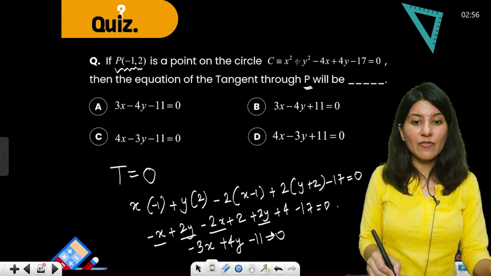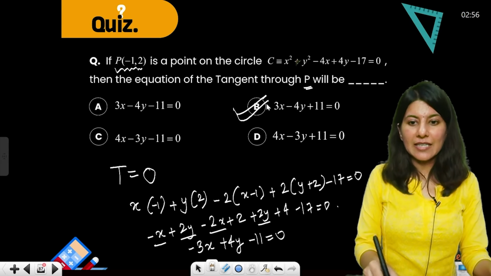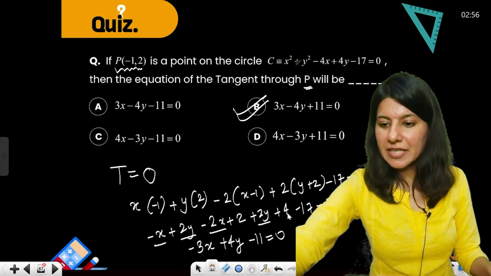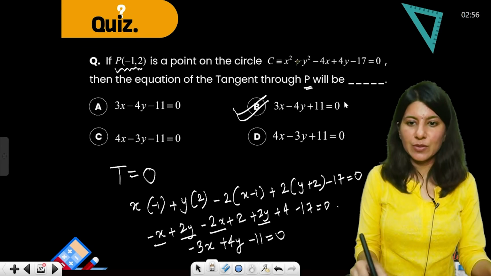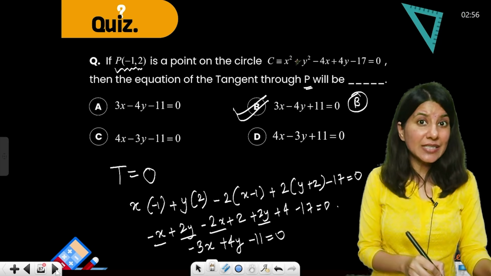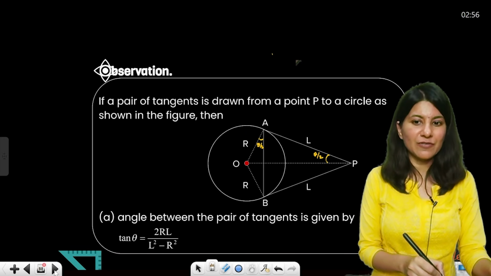So 3x minus 4y plus 11 equals 0. That is option B matching. B is absolutely correct. So in this manner, you can use T equals 0 to write the equation of the tangent.